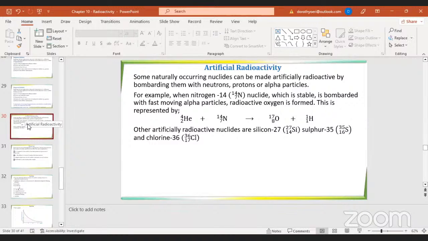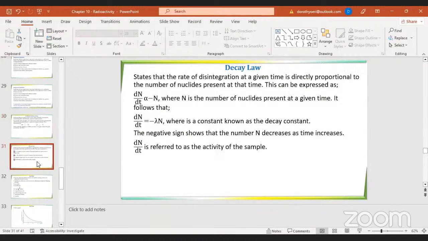Other artificial radioactive nuclides can be silicon, sulfur, fluorine. What we are saying is that if you bombard a nuclide with any of those neutrons, protons, or alpha particles, it definitely becomes unstable, giving rise to an unstable nuclide.